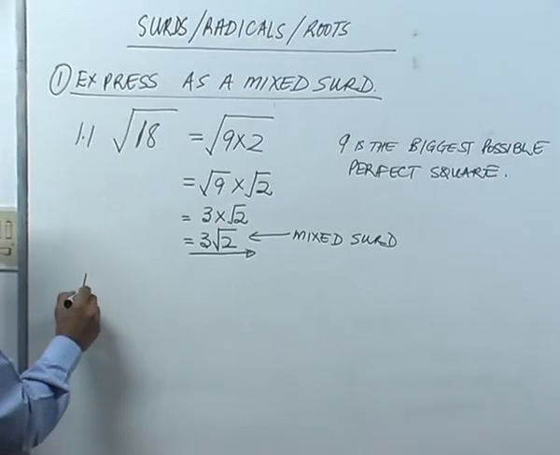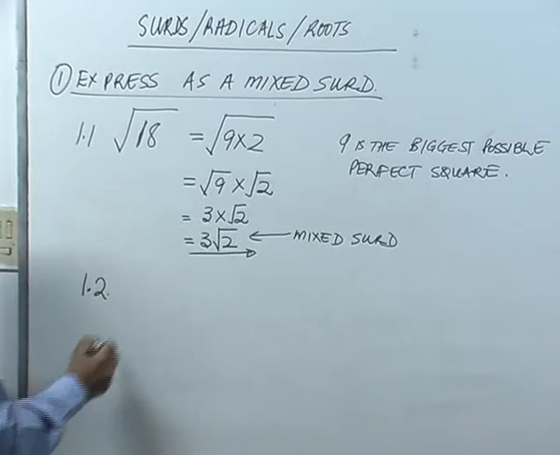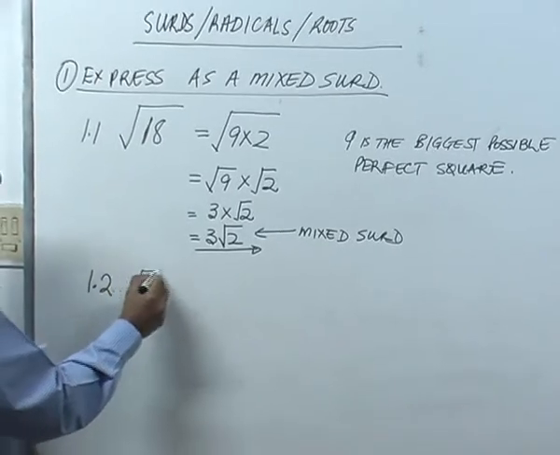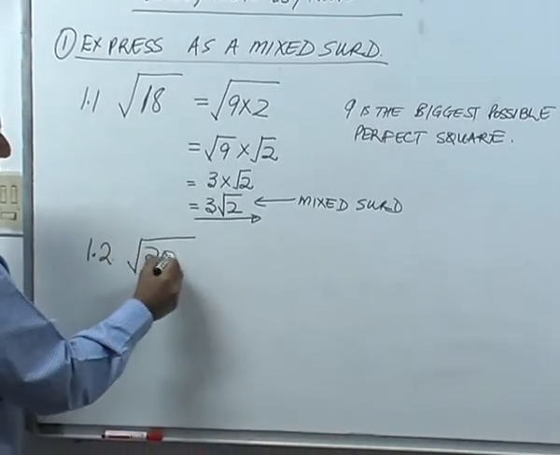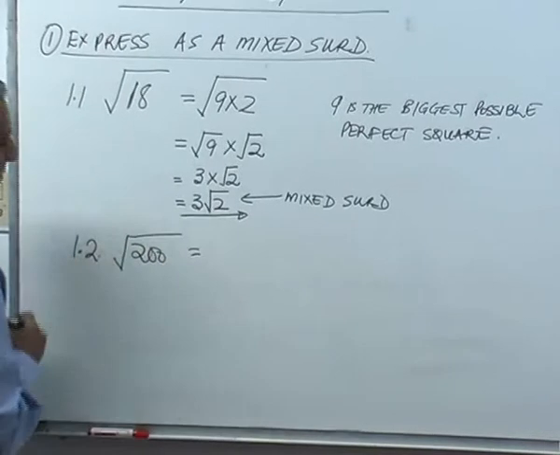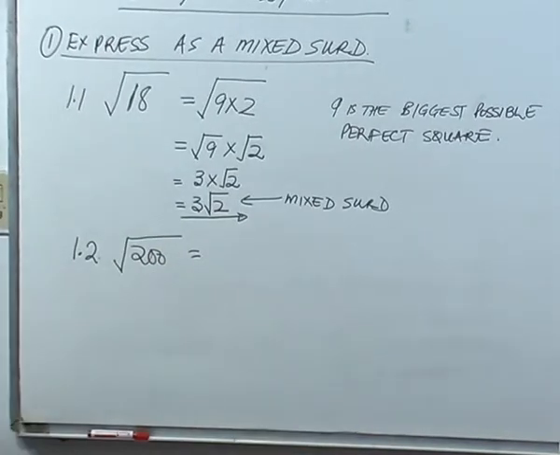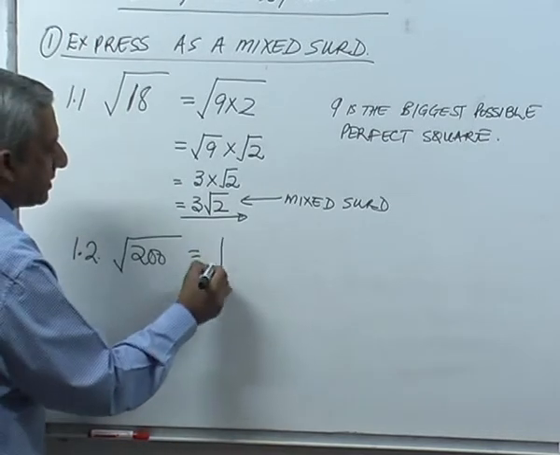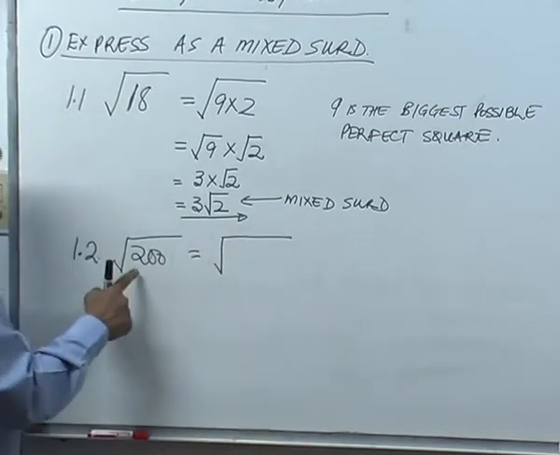Let's do another example. Square root of 200. So if I had square root of 200, then I will break up 200 into its factors.